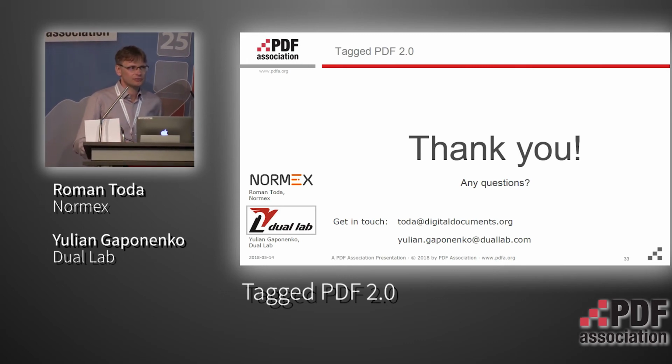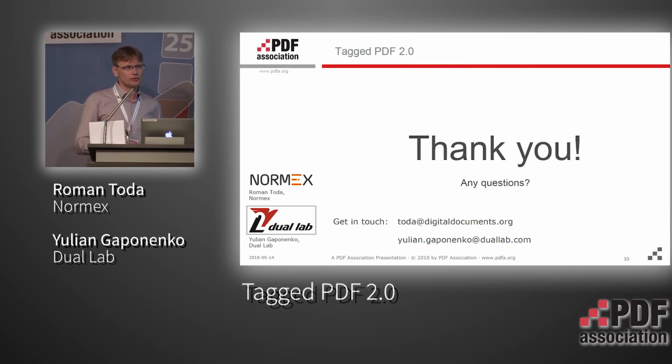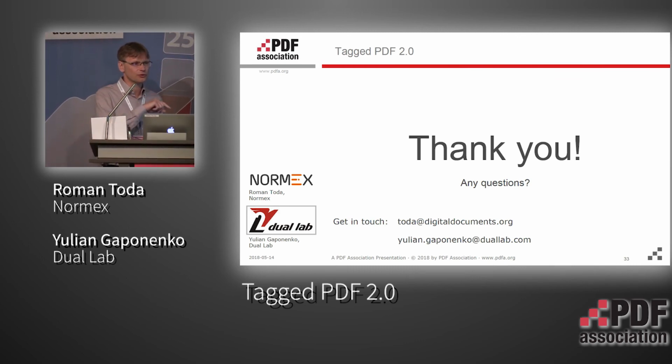However, we still rely on the 1.7 tag set. We came up with our version of NXL for 1.7, which is our own, and we also made a couple of decisions that we are adopting 2.0 tags. We internally say we are not using some of the 1.7 tags, and for those 2.0 tags we are providing role mapping.